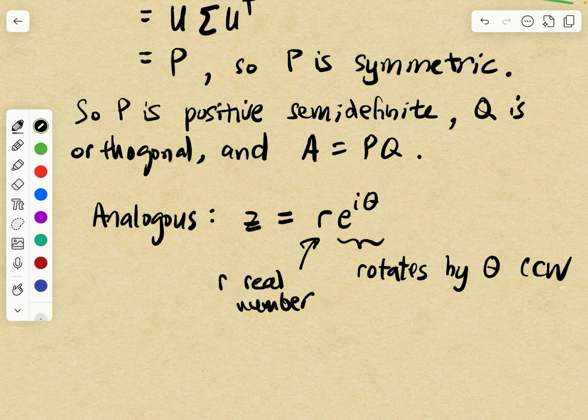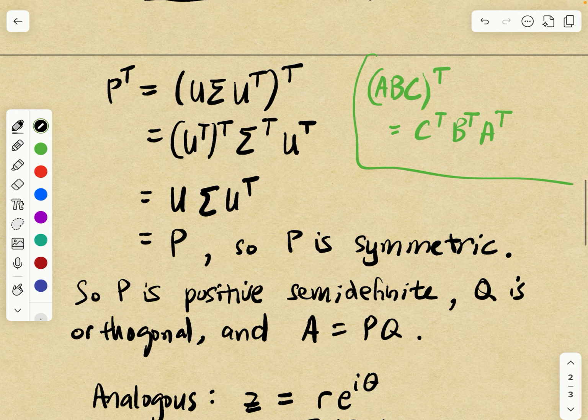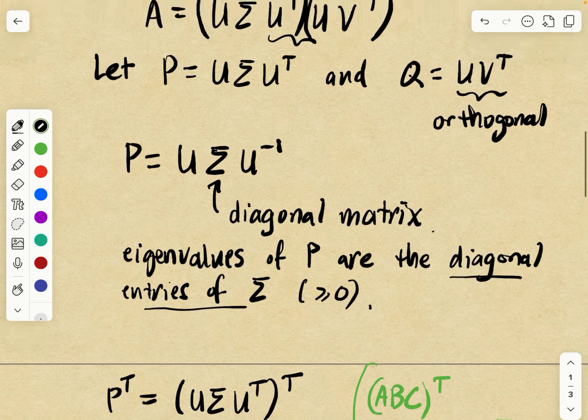Okay, and P is positive semi-definite, but if you think of Q as sort of like a rotation, then P being positive semi-definite means it's diagonalizable. It has this matrix decomposition U sigma U inverse. So what P is doing is it's not stretching the axes e1 through en necessarily, but it is stretching certain axes.